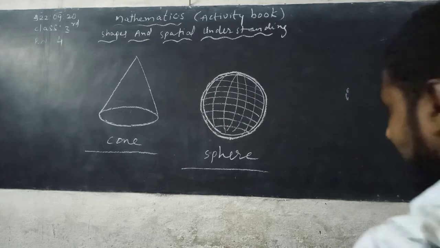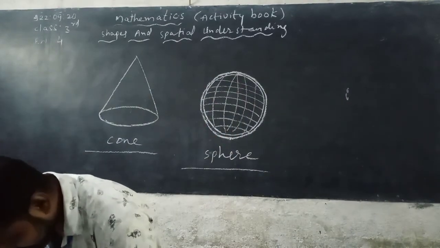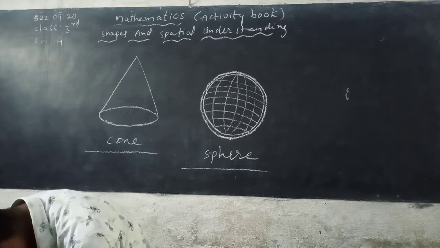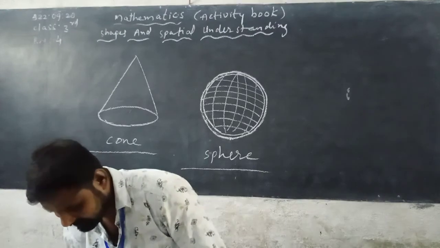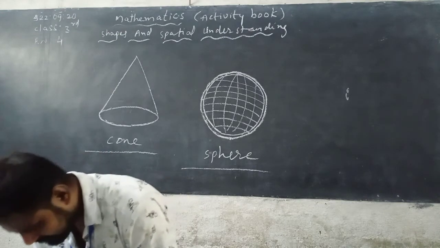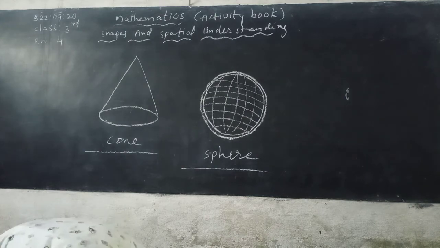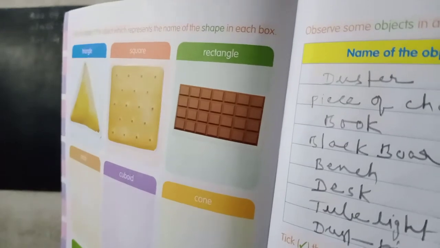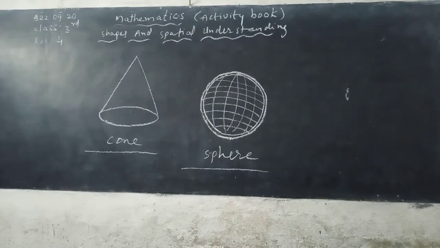Now next rectangle. From your last page, rectangle means this is chocolate. Rectangle. Now next circle.